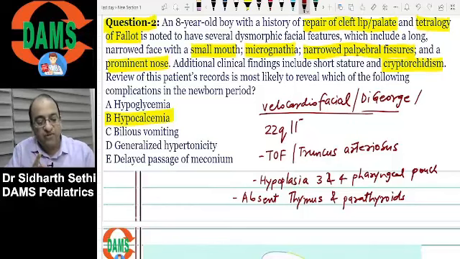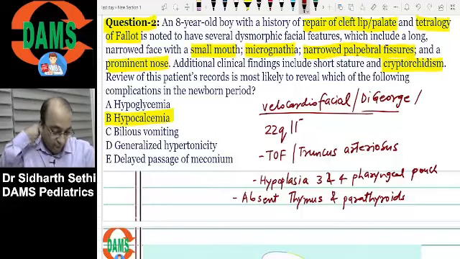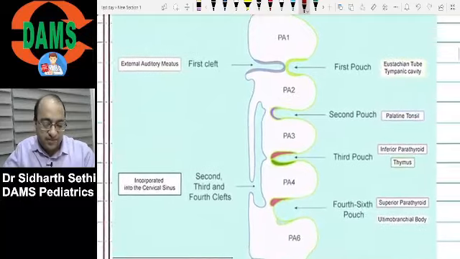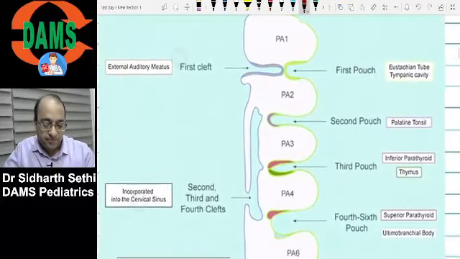You should always look at the thymus shadow. Any child with hypocalcemia, look at the thymus shadow because they may have absent thymus, absent parathyroids. Okay. So all of you, this is something which I want you to remember.